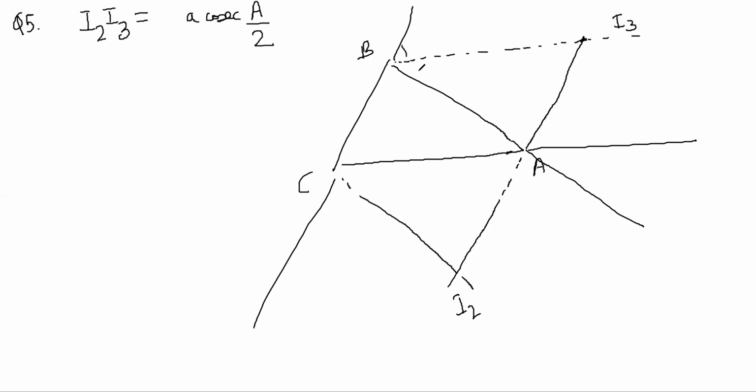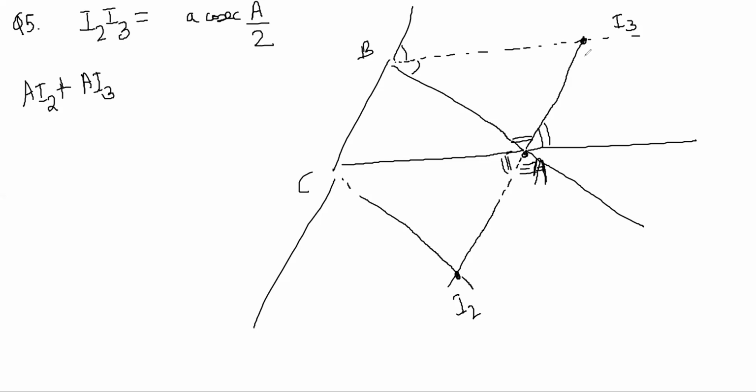This is one bisector, another bisector. So this is I3, and this is A. You have to find I2 I3. This is I2. So I2 I3 can be written as AI2 plus AI3, and you have to basically find the distance from one vertex to the excenter.